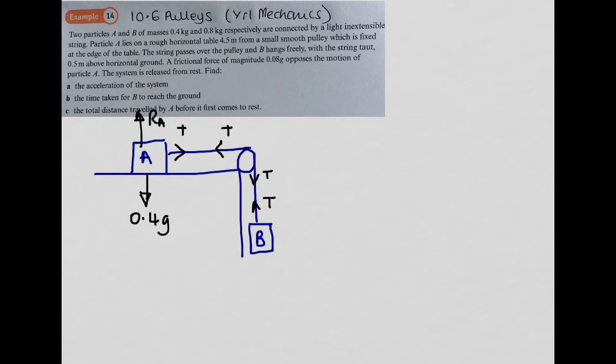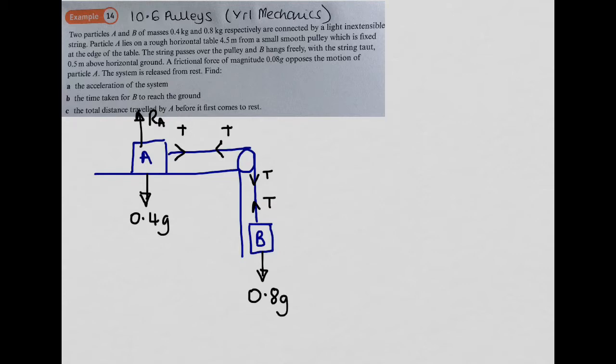It lies on a rough horizontal table 4.5 metres from a smooth pulley. I'm not going to put that on yet, I might need to later. It says the string passes over the pulley. I do actually need, just thinking about it, to put in the mass of my particle B because I haven't put that in.